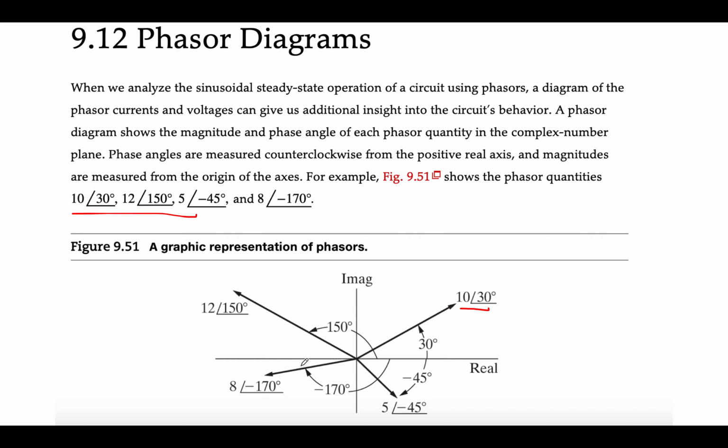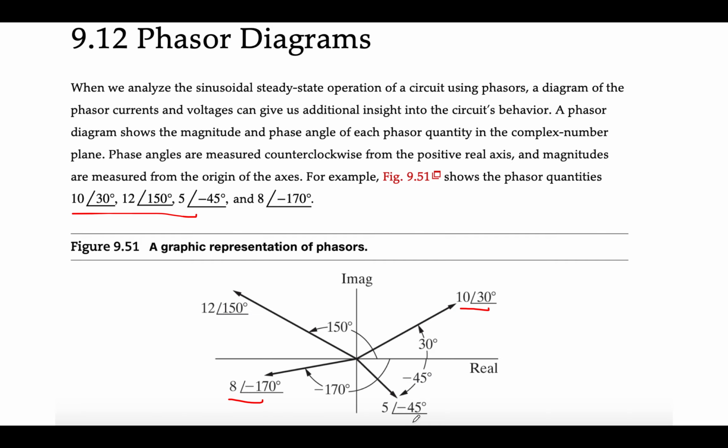If the phase angle is negative, between 0 and negative 180, then we go in the negative direction for the phase, so the minus 170 is measured clockwise from the real axis. So here's where 8 angle minus 170 would plot out. And then finally, 5 angle minus 45 is plotted here.